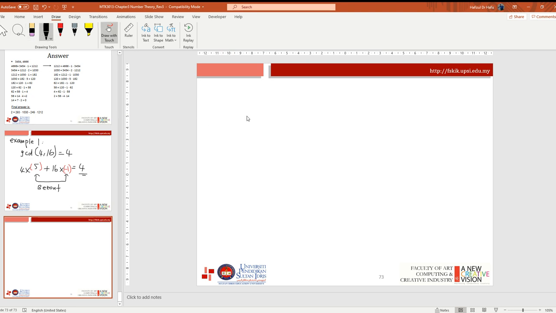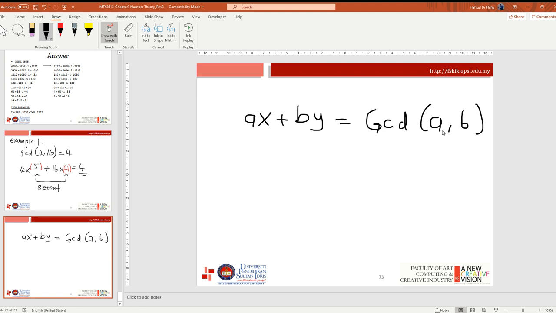Untuk result identity, kita ada A, X plus B, Y, kemudian tu GCD, A, B. More importantly, you can find X. Okay.